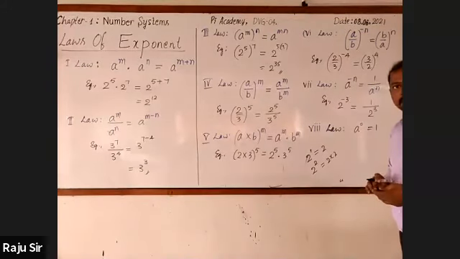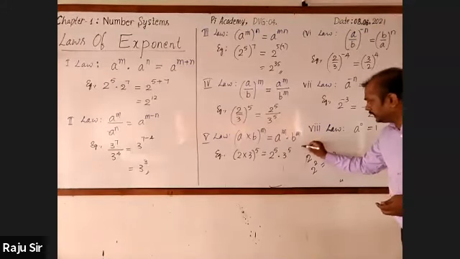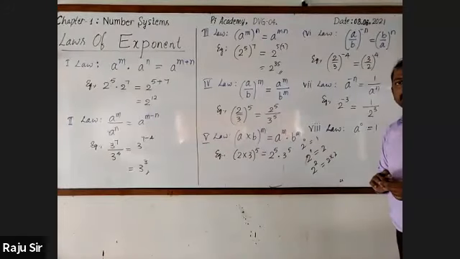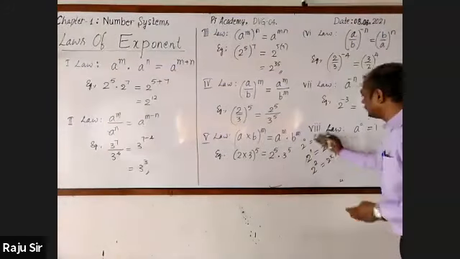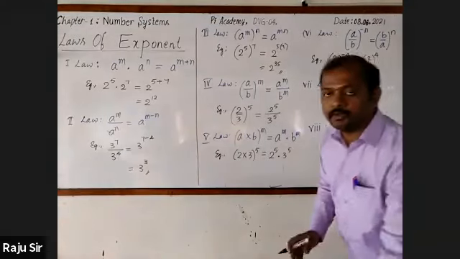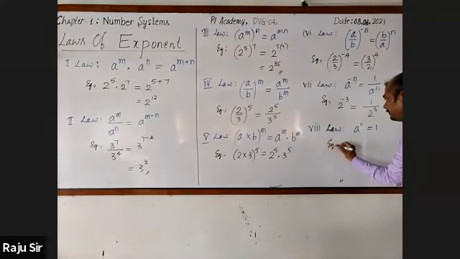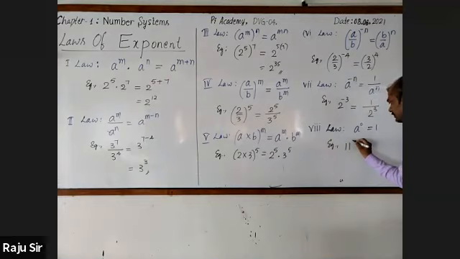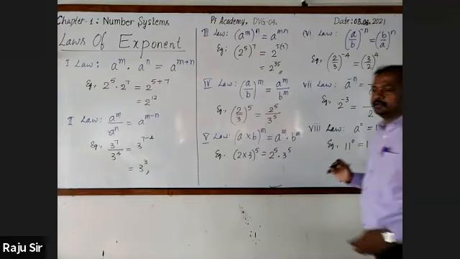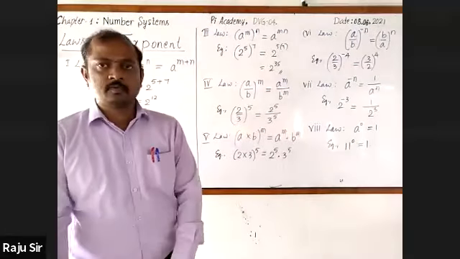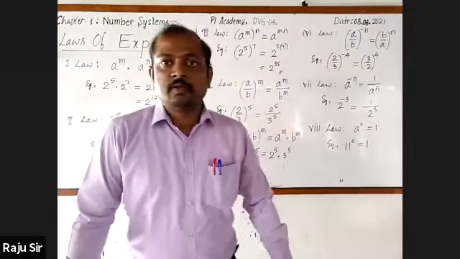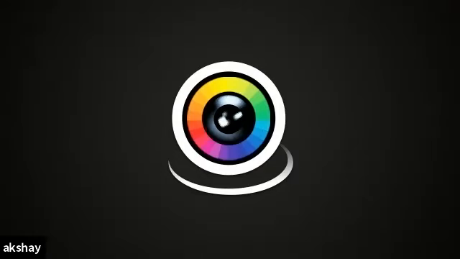If there is no power, there will be just the number 1. So that's why anything raised to the power 0 is taken as 1. Example, 11 raised to the power 0 is 1. Copied?